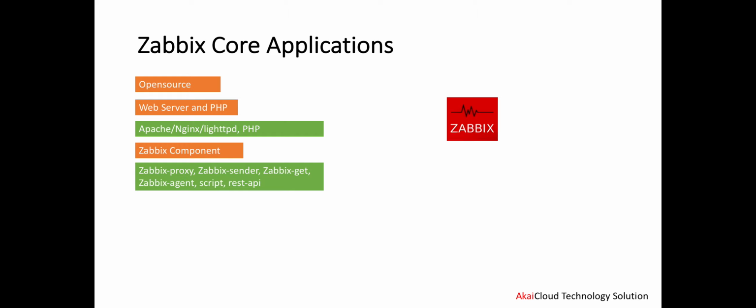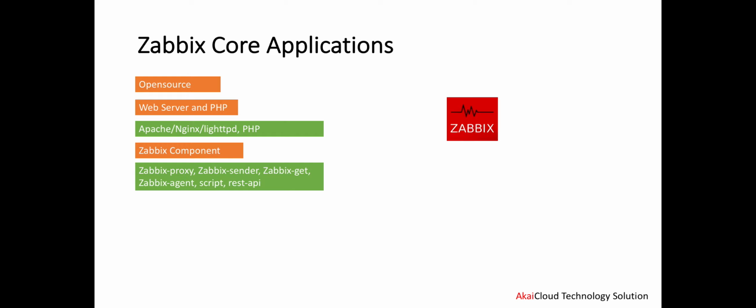Then script is the native, common thing: any tool should be flexible enough to run a specific script, retrieve the data, and send the data. Zabbix also has the capability to collect data using script.